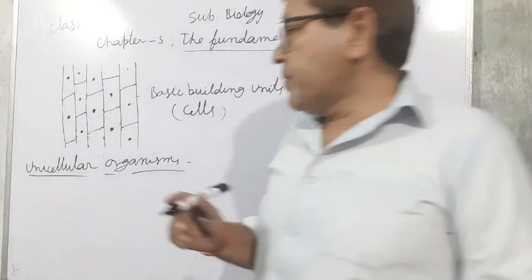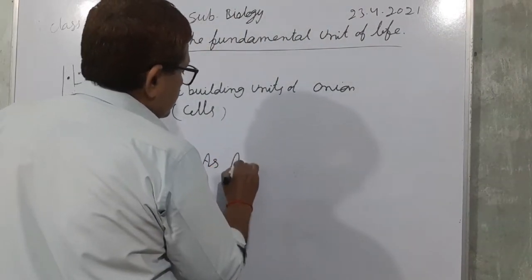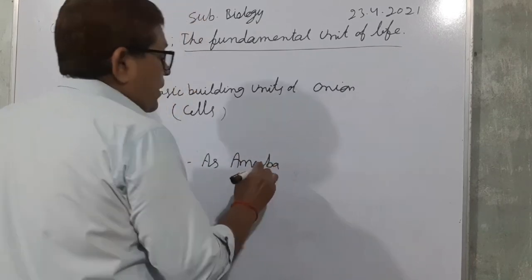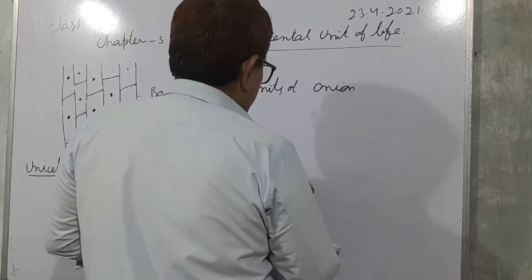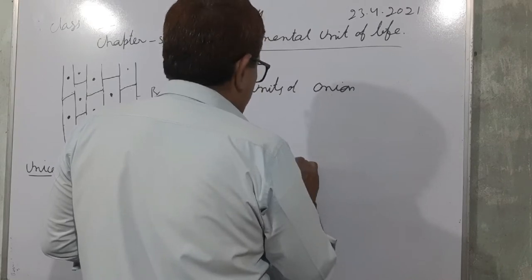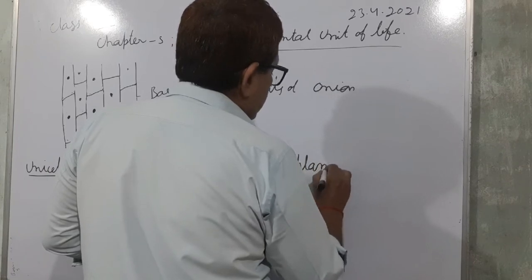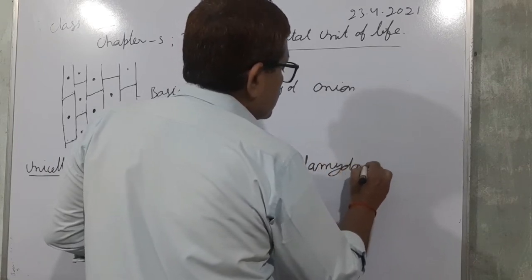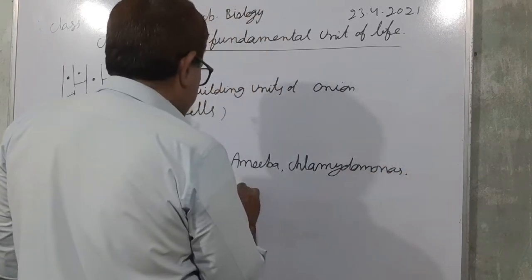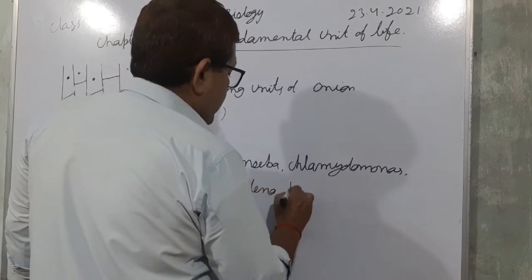You know some examples of unicellular organisms: amoeba, paramecium, Chlamydomonas, Euglena, bacteria.